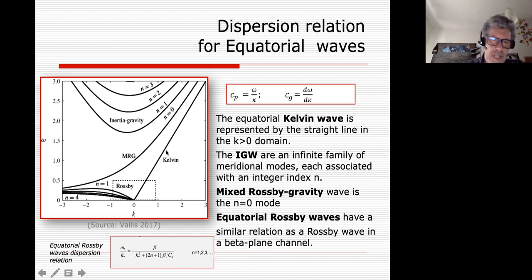This represents essentially the dispersion relation between the two key variables of the wave, so their spatial dimension and the time dimension.